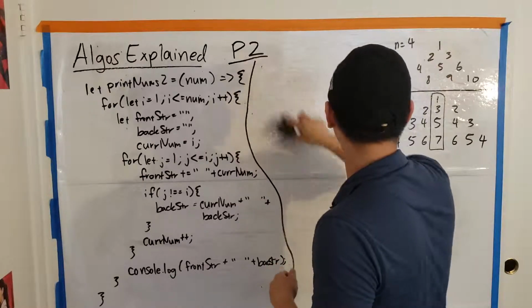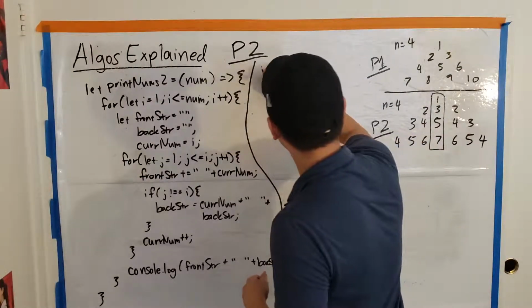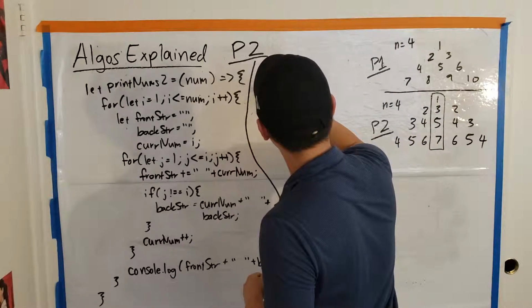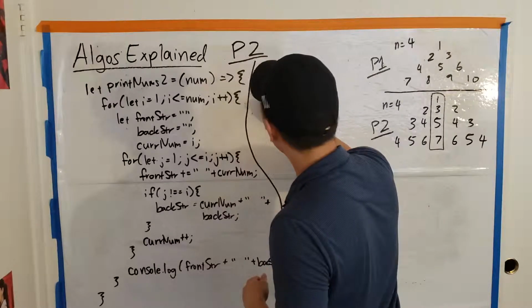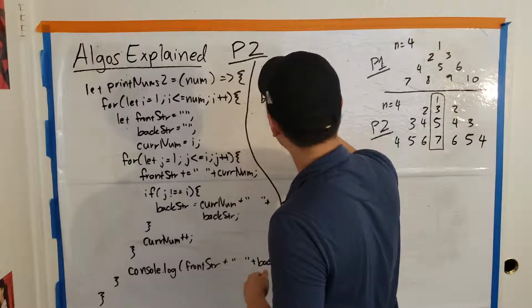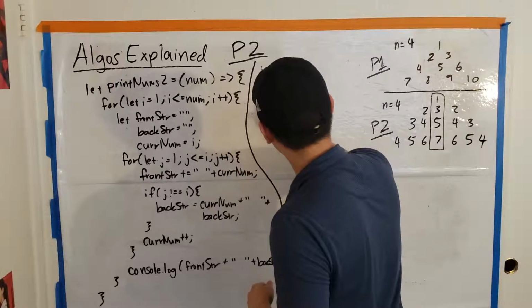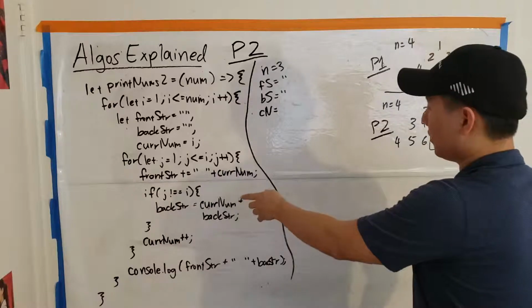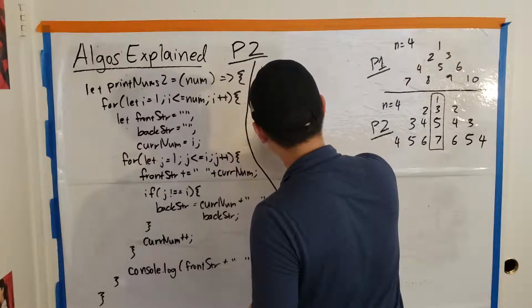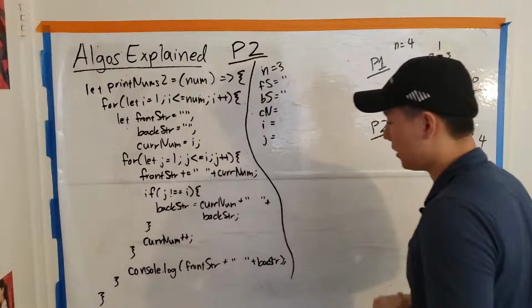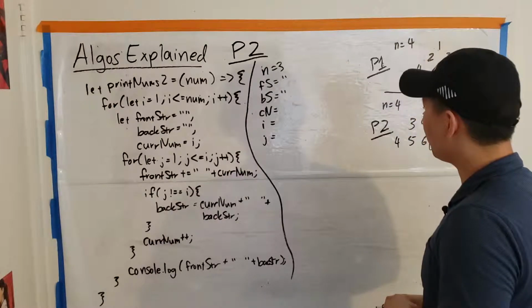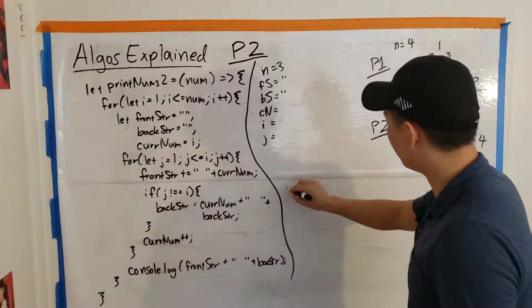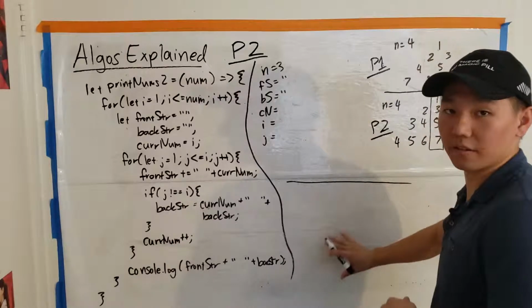It's taking up a lot of space. n equals 3, fs equals something empty right now, back string, likewise, current num is equal to the i. We haven't gotten there yet. Let's also keep track of i and j, and that's going to be pretty much all we have to do.